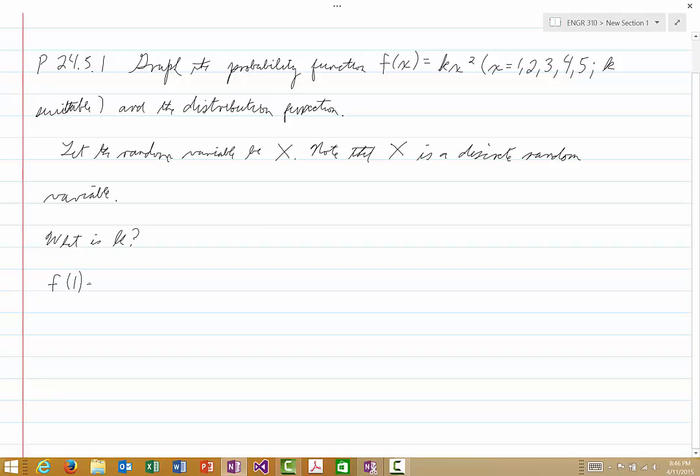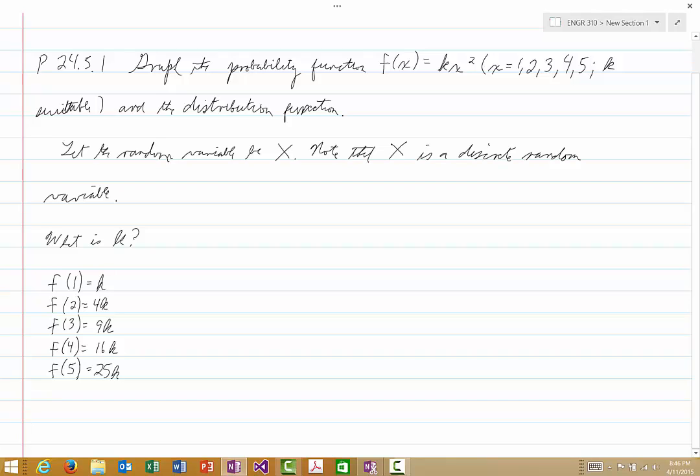So we'll have f of 1 is equal to k. F of 2 is equal to 4k. F of 3 is equal to 9k. F of 4 is 16k. And finally, f of 5 is equal to 25k.